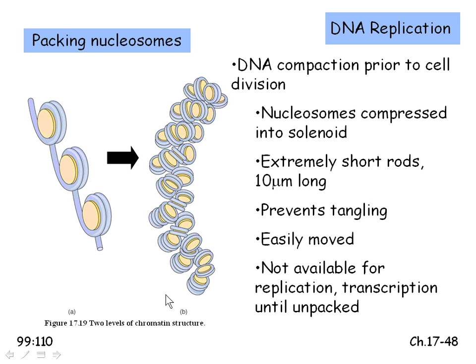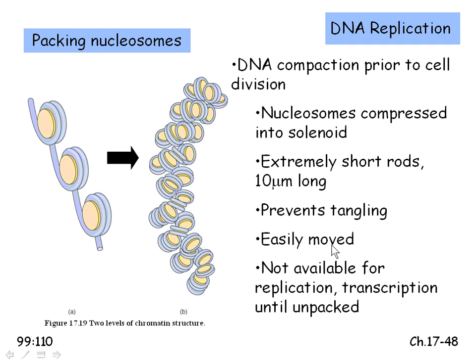And the nucleosomes are compressed into what's called a solenoid. And this is a drawing of what it might look like. They're basically extremely short rods of lots of DNA. They can be as short as 10 microns long. As I said, these shorter strands of compacted DNA help to prevent tangling of DNA with other DNA molecules or other proteins or whatever else might be around.